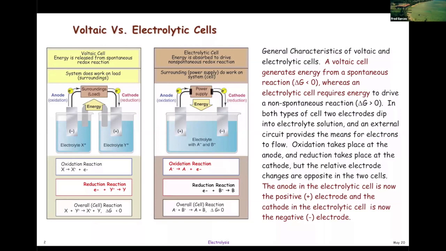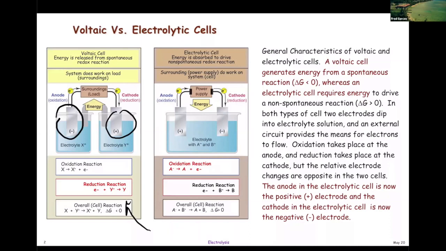Okay, here we go. So what you will see on the left here is the voltaic cell, and you notice that the anode is the left part of this cell, the cathode is the right part of this cell.